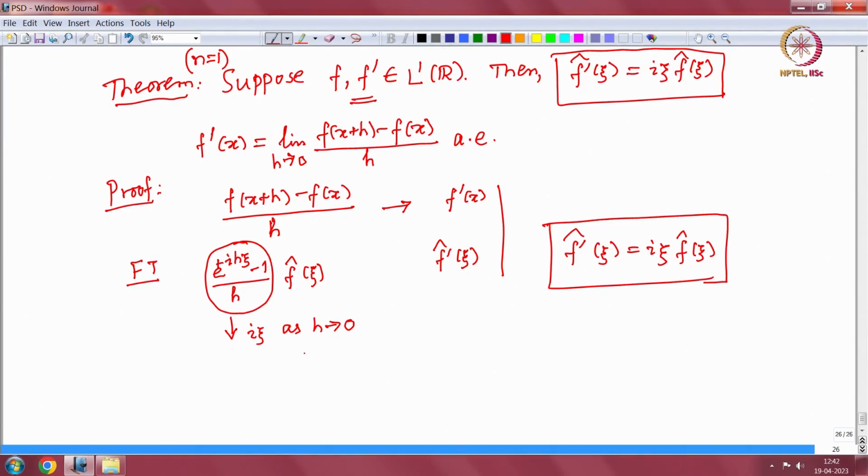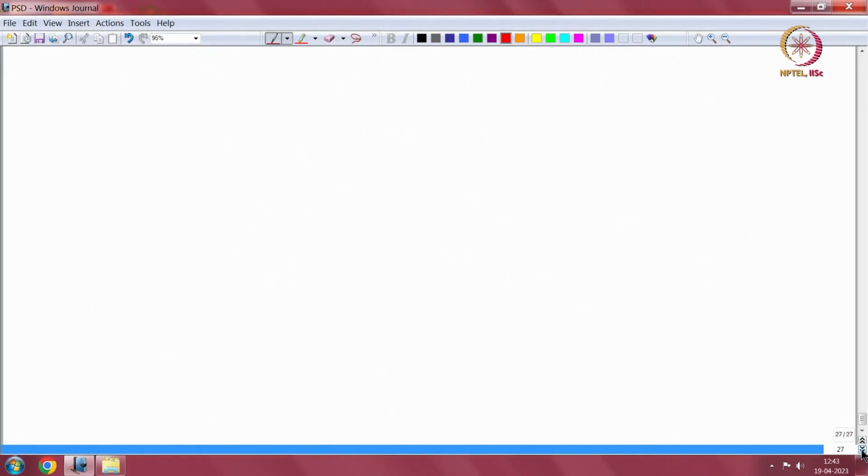So, let me just write this in a general formula, so to speak. Later on we see many examples. More generally, as of now we are considering only the Fourier transform of L1 functions.